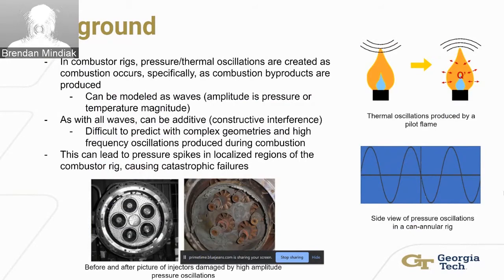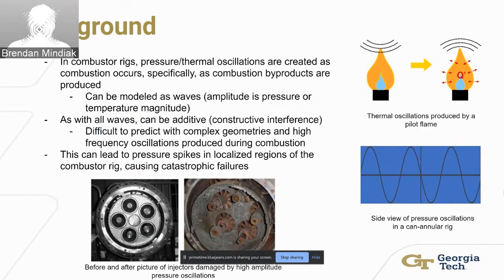And both these can be modeled as waves, as you see in the figure on the right. So with that wave, the amplitude of that wave could be thought of as the pressure magnitude or the heat flux magnitude. And as with all waves, these waves can be additive, which is constructive interference, or destructive interference if they are non-additive.